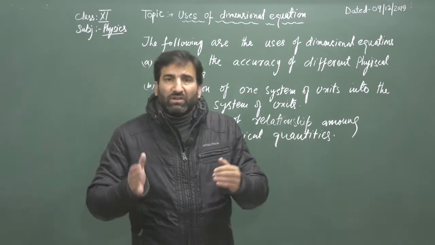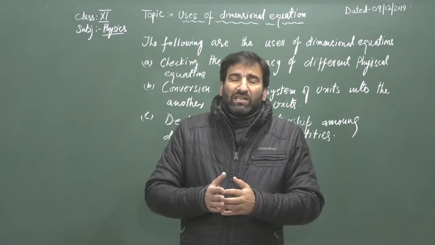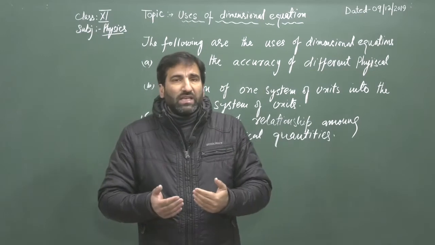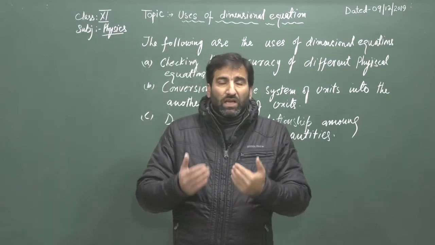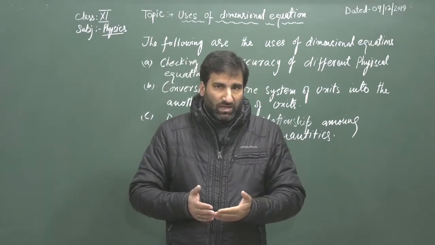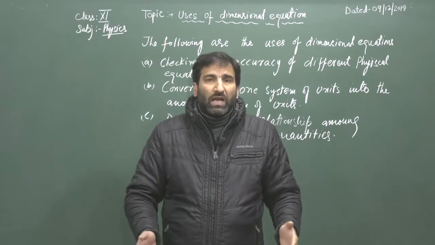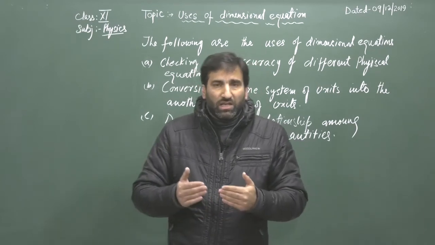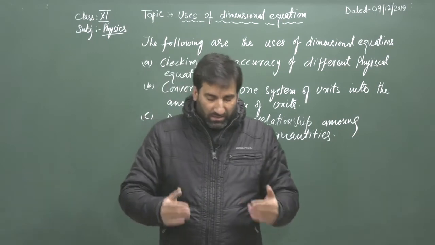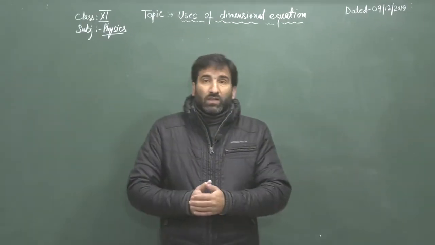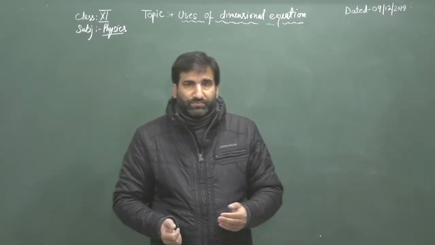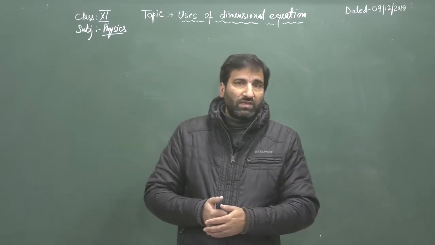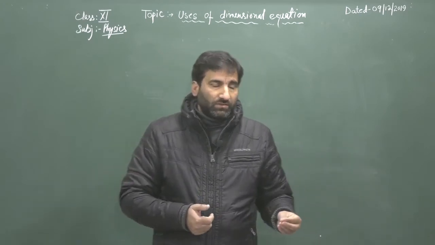Now we will go one by one to understand how we can check the accuracy, how we can convert one system of units to another, and how we can derive the relationship among different physical quantities. First, checking the accuracy of a physical relation.